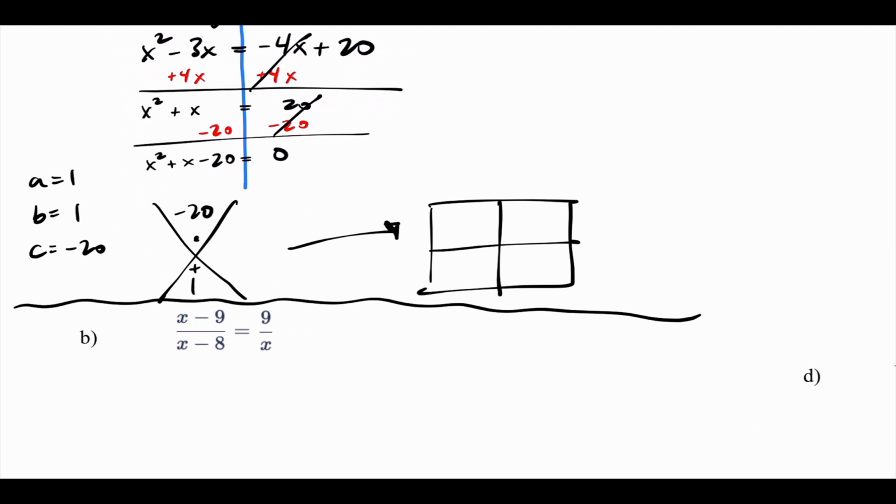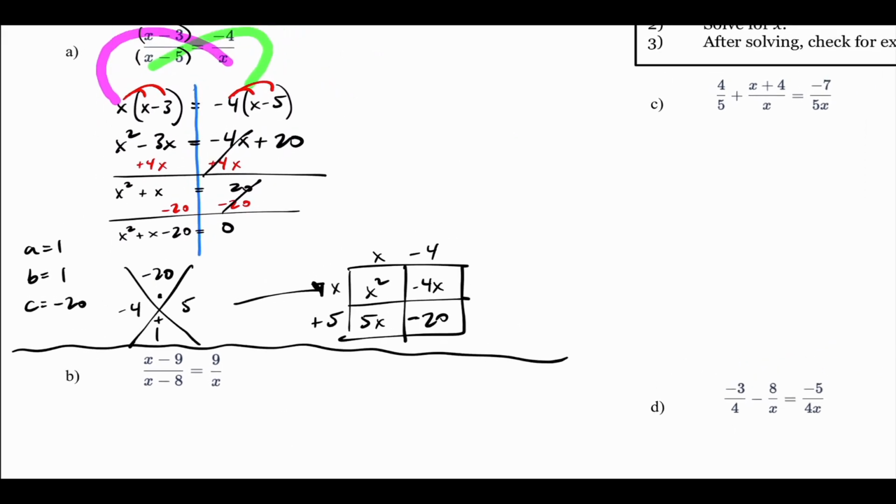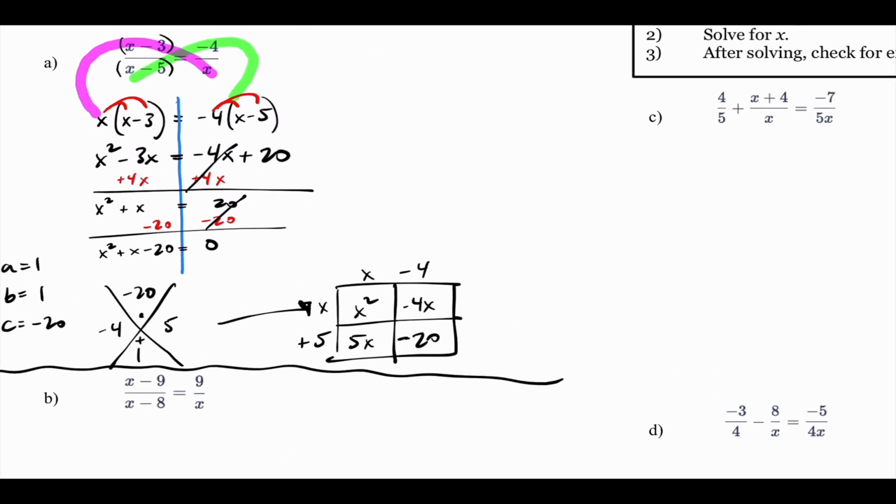The two numbers that multiply to be negative 20 and add up to be 1: negative 4, positive 5. Okay. So we get x minus 4 and x plus 5. That's factored, right?